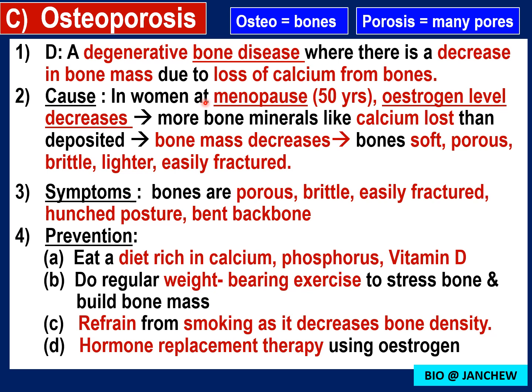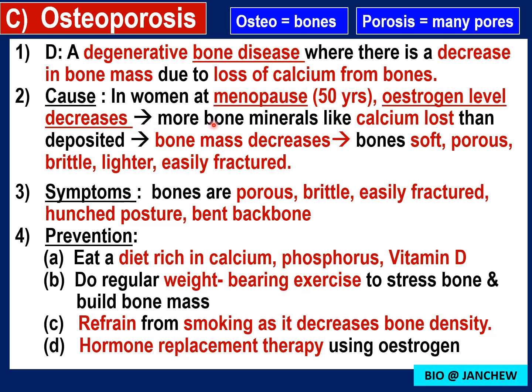So why is it that women at menopause are at greater risk of getting osteoporosis? Now this is a past year exam question. Why do women at menopause tend to face a high risk of getting osteoporosis? Okay, so in women at menopause, around 50 years of age, estrogen level starts to decrease because the ovary is producing less estrogen.